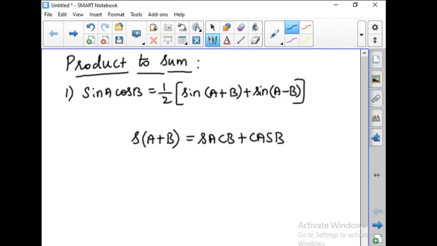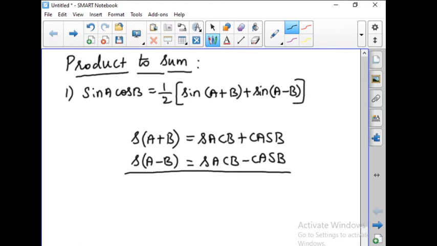And then sin of A minus B is sin A cos B minus cos A sin B. So, when you are adding these two, we need to add, isn't it? When you are adding these two, the terms get cancelled. So, you are getting 2 sin A cos B.